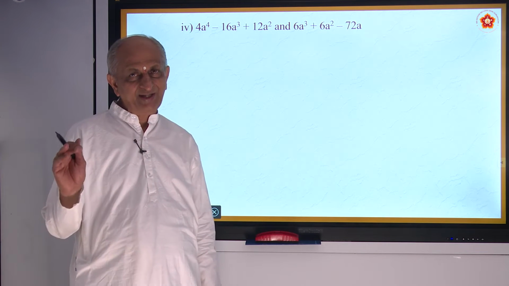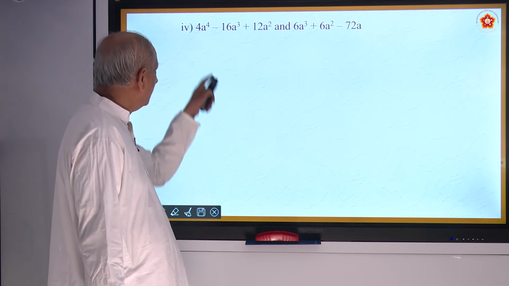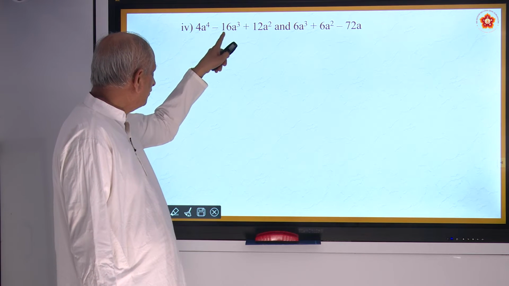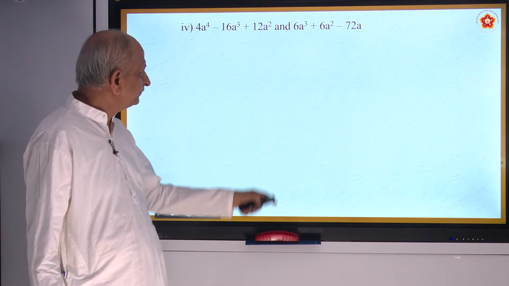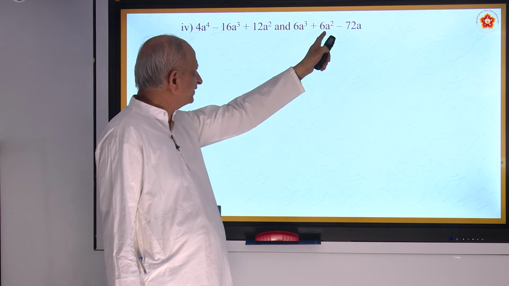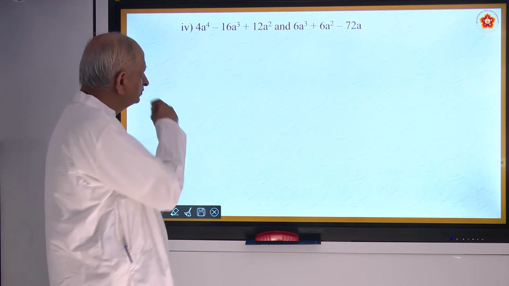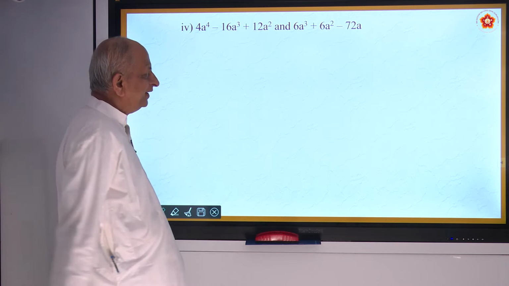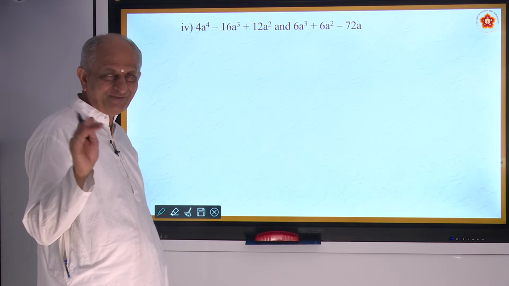Yes, it is a really challenging question. Let me see who will tell the solution. 4a to the power of 4 minus 16a cube plus 12a square. Note down. Another one is 6a cube plus 6a square minus 72a. Now, as it is, we can't factorize. You must do something so as to factorize it.